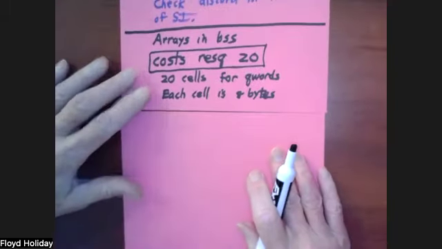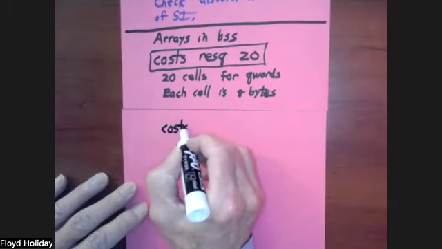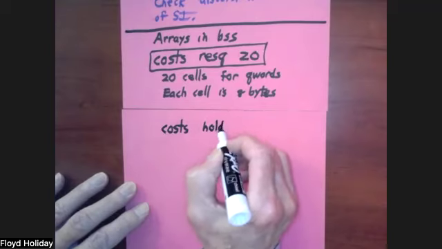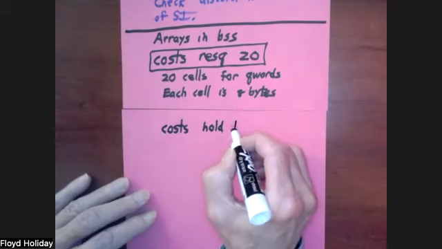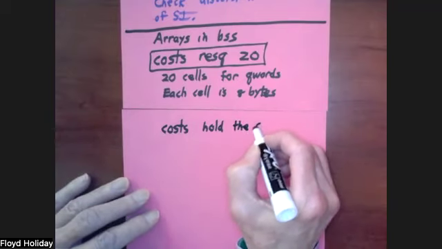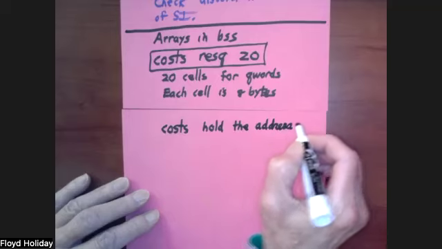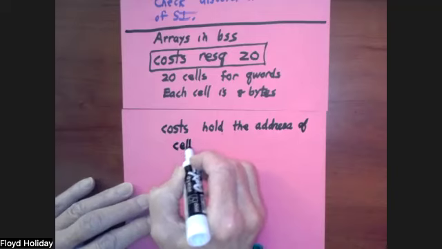The name, cost, holds, even more specifically, the address of cell 0 of the array.